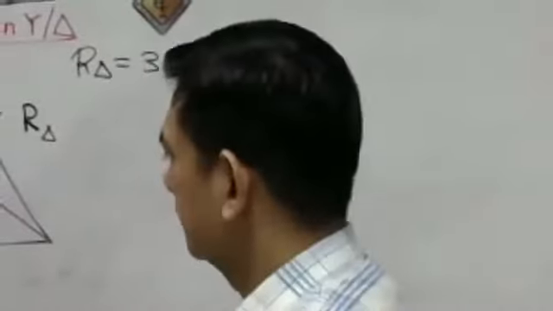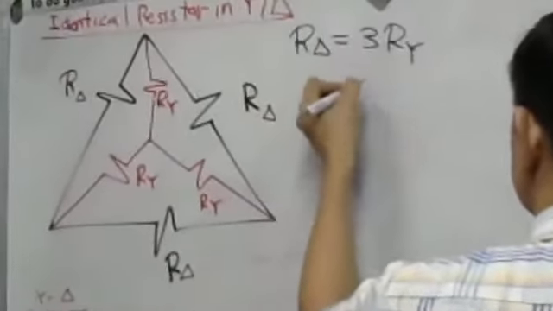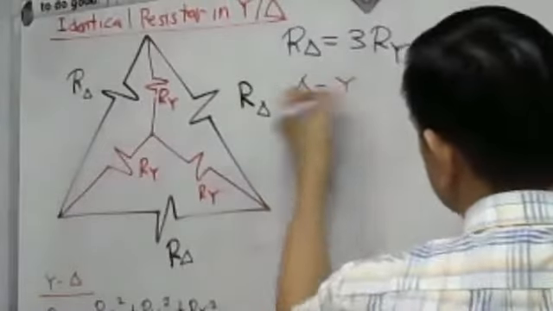Okay? What about if we have delta to Y? What will happen here?